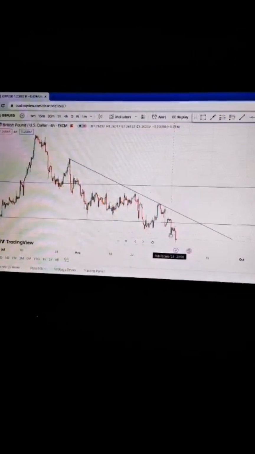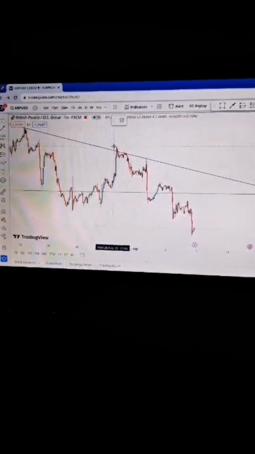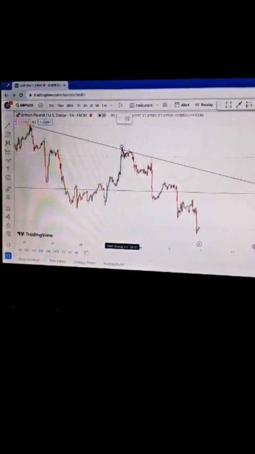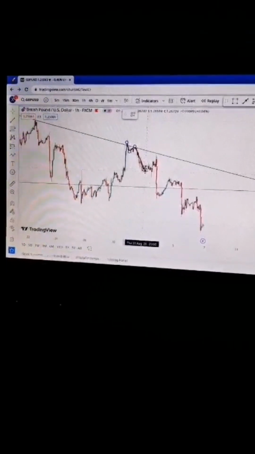So yeah, we hit our third touch, went down a bit, came back up here to touch again, which was our fourth touch. Then from there we started making impulsive moves down. So let's go to the 1-hour time frame. On the 1-hour time frame, we get to see our lower highs and lower lows properly.